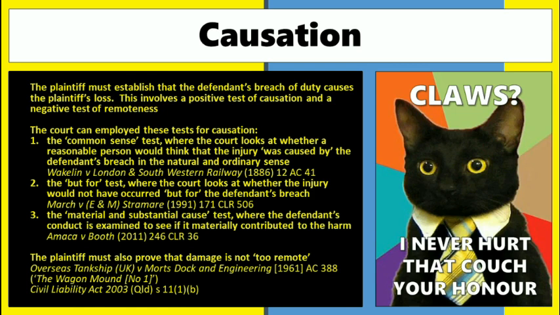The first one is to just think about what the word cause means in its ordinary sense.